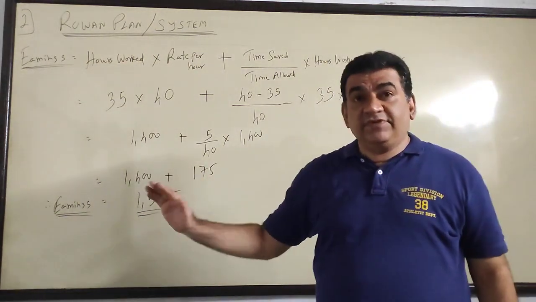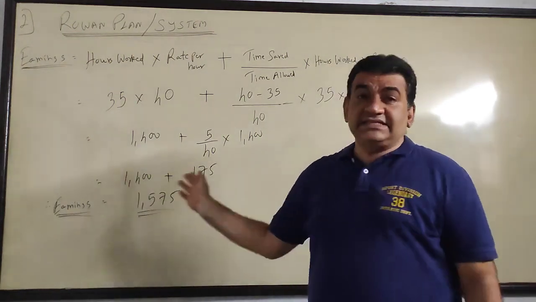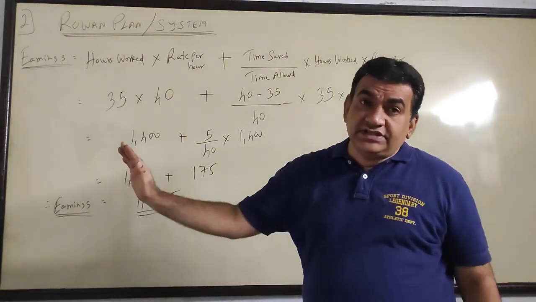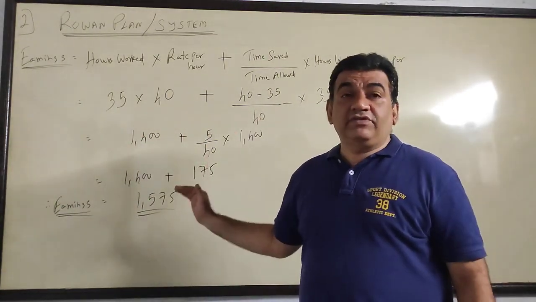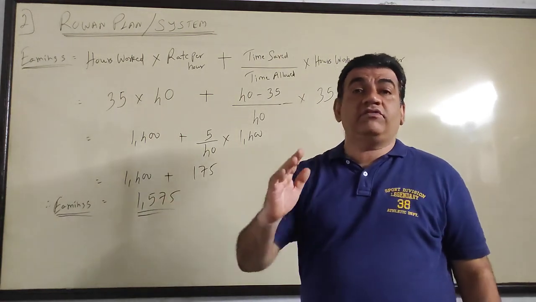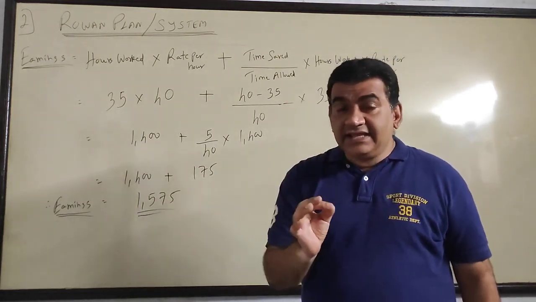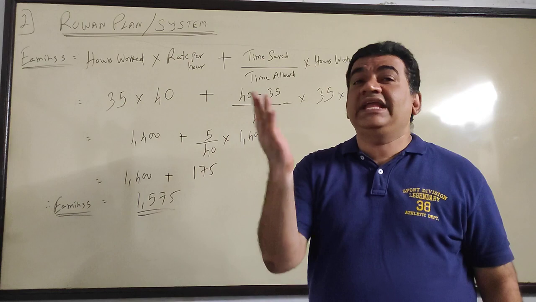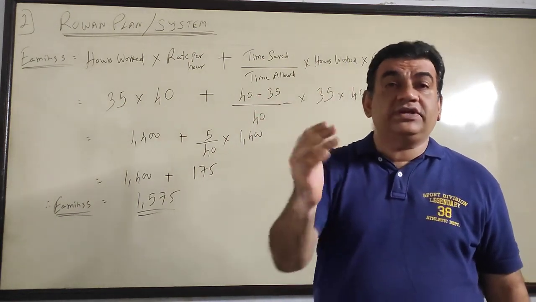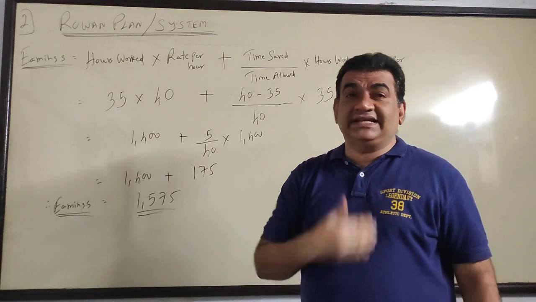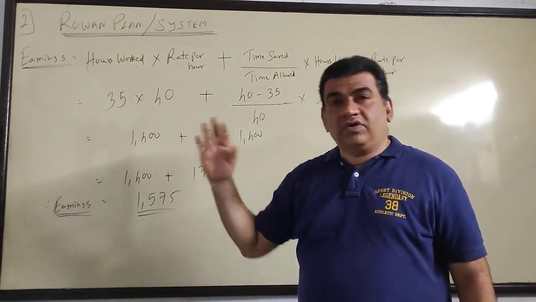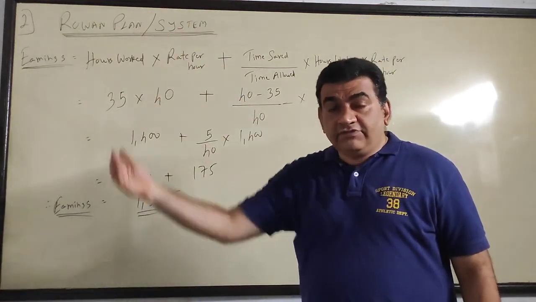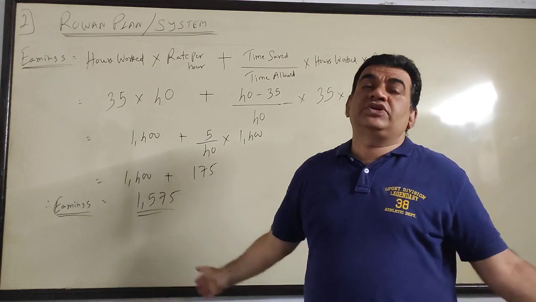So you all, just before we meet in the next class, please listen to my explanation carefully. I've discussed Halsey and Rowan incentive plan both. See the video carefully, understand the logic of the formula that I explained to you, and as I told, whether you do or not, it's your choice, but in the interest of students, I would suggest, again repeating what I said, on the last page of the book or anywhere you want, in your own handwriting, write all the formulas of this chapter at one place, so it will be easier to remember.